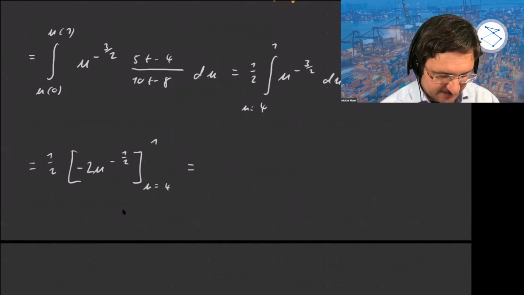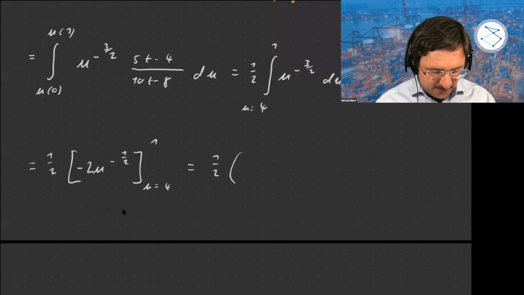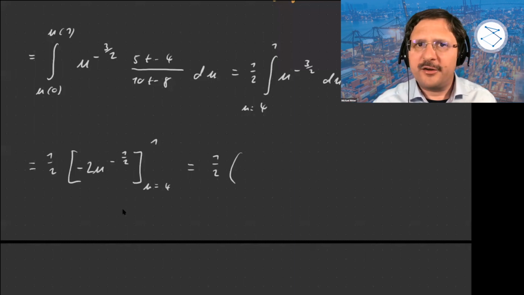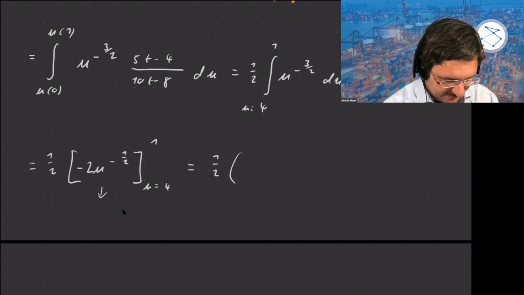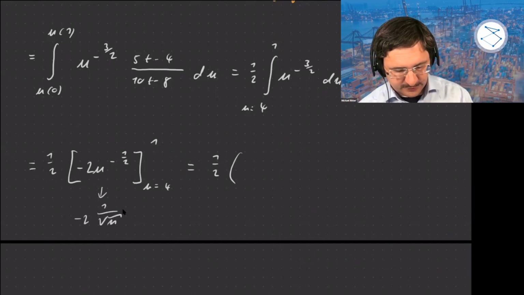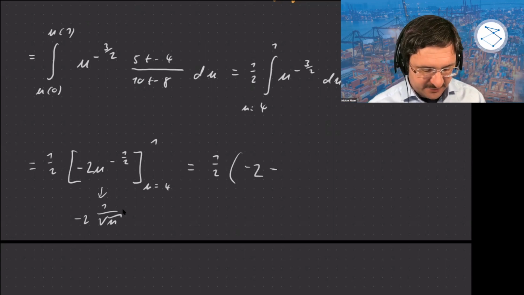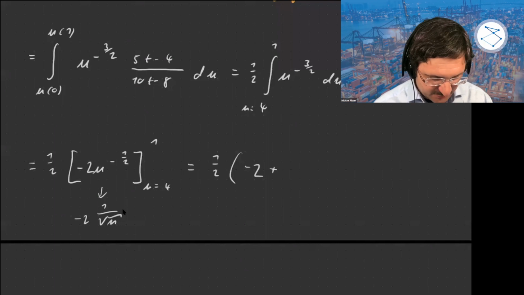And finally, we substitute the bounds to get the final result. Upper bound: -2 times, remember, u to the power of -1/2 means 1 over the square root of u. So if we substitute 1, then we get -2 times 1. And then we substitute the lower bound, 4: minus times minus, that's a plus.